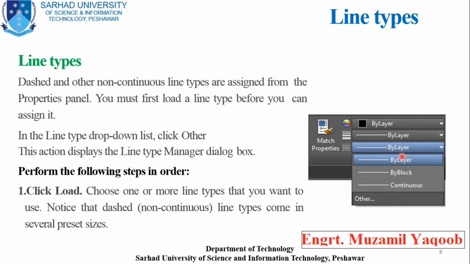To change the line type, the first step is to click Load and choose one or more line types that you want to use. In this picture you can see there are different line types. Choose the line type which suits your need.